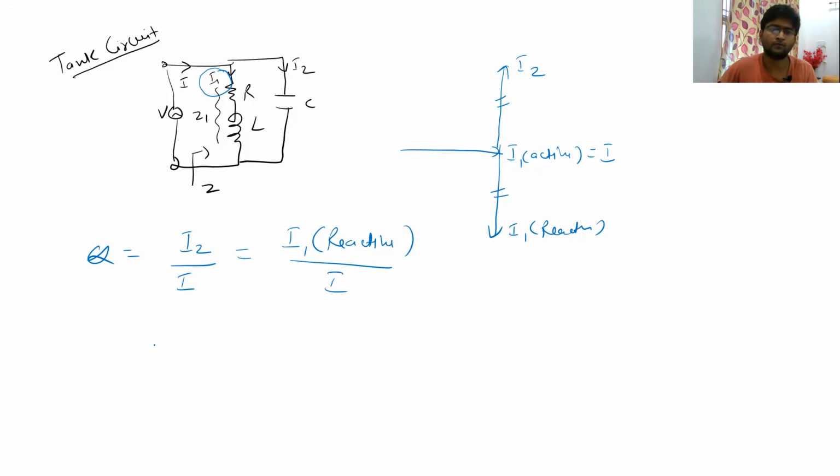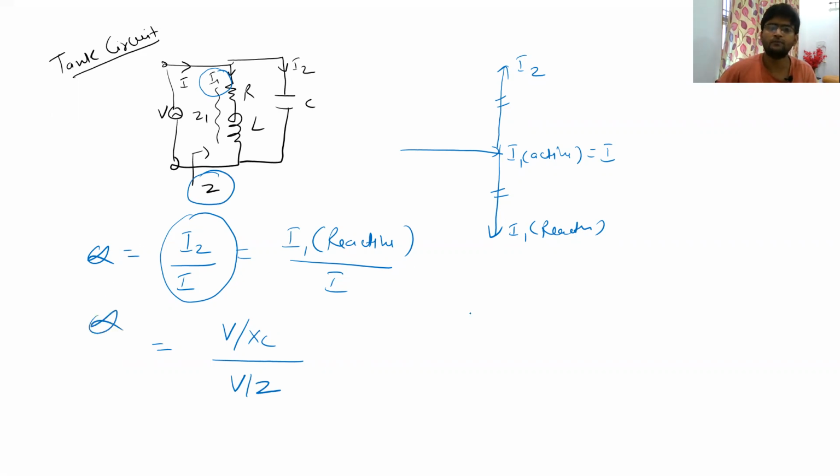So what is the value of I2? Since this is going to be a little more complex calculation, we will be calculating Q using this formula. So what is the value of I2? It is definitely V upon XC divided by what is the value of I? It is basically V divided by Z, because Z was your total impedance of the circuit.